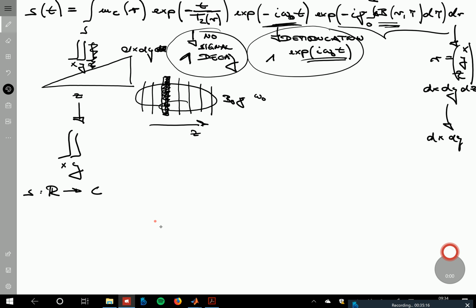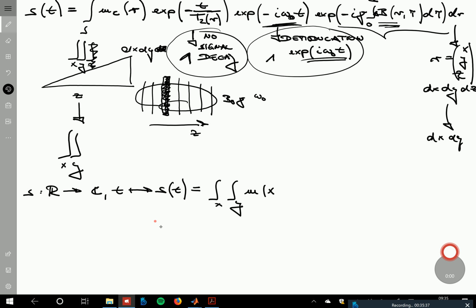Now we only have an integral with respect to x and an integral with respect to y, because we've performed the integration with regards to z already.